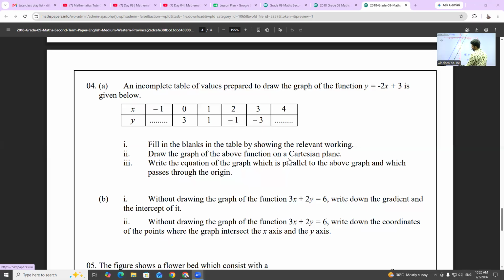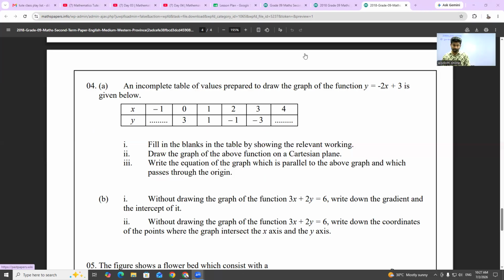Y equals minus 2x plus 3, Western Province 2018.